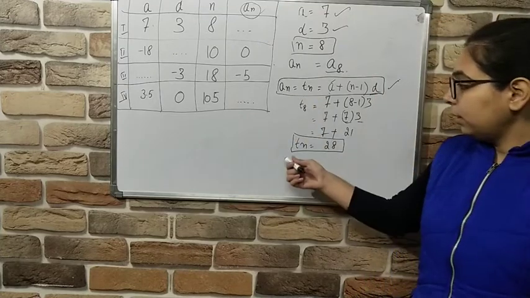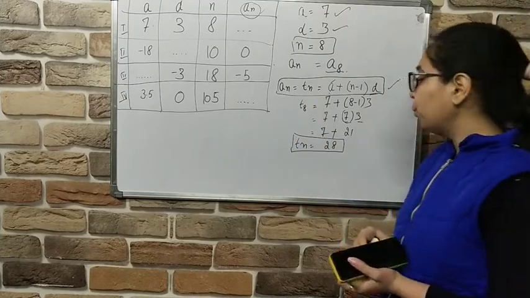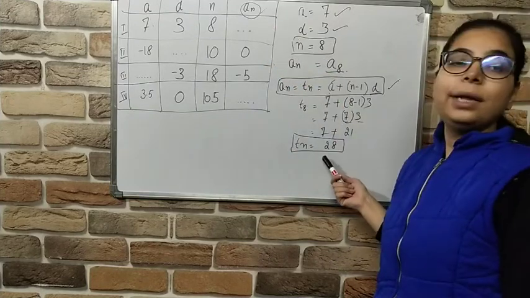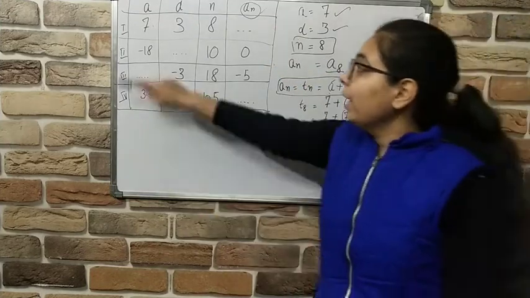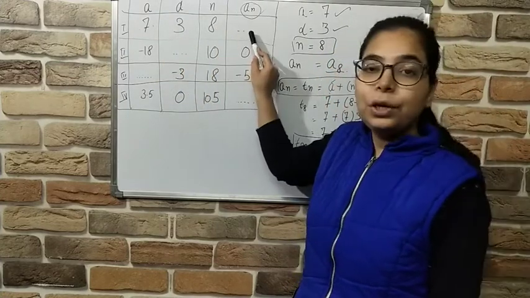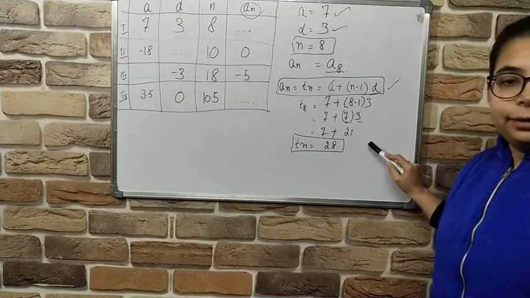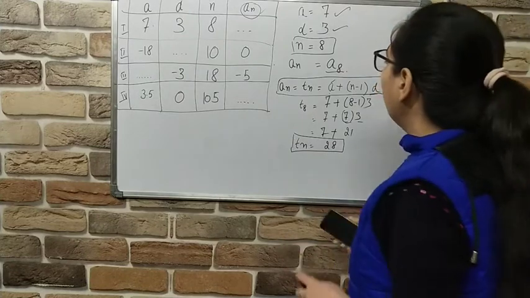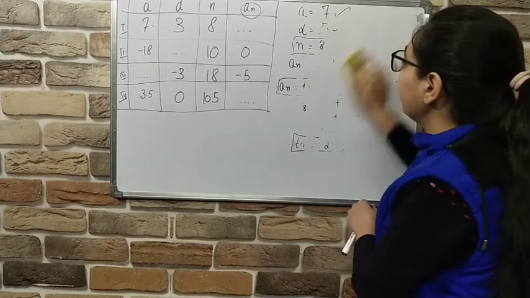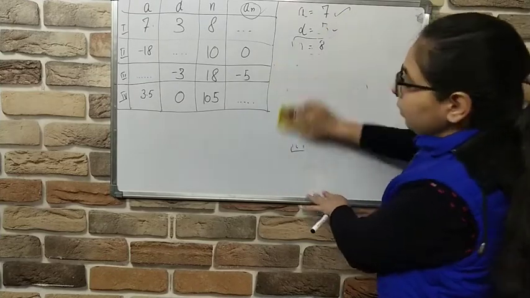Here Tn is equal to 28. We can find the missing value. The missing value is 28. We were given a, d and n, and we had to find the nth value, which is 28.